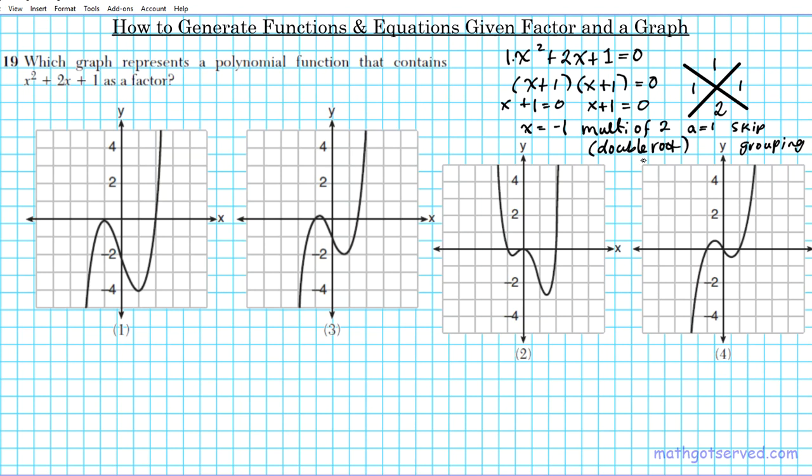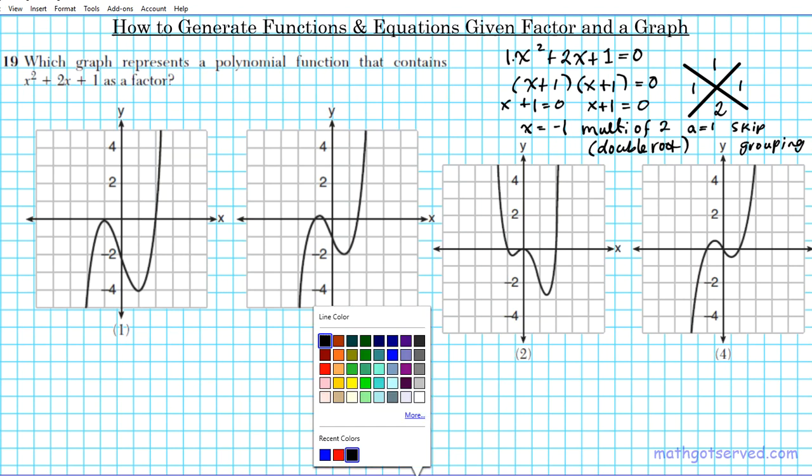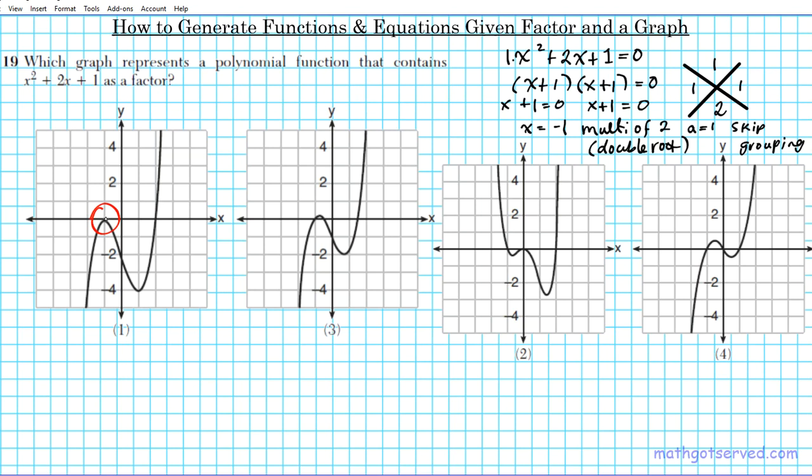Whenever you have a double root, visually, it just tells you that a vertex will be touching the x-axis at that particular value. Okay, so let me show you what I'm talking about. In option 1, we have a double root right here because the vertex is touching the x-axis right there. In option number 2, we also have a double root right here. Okay, so you can narrow down your options just based on that.